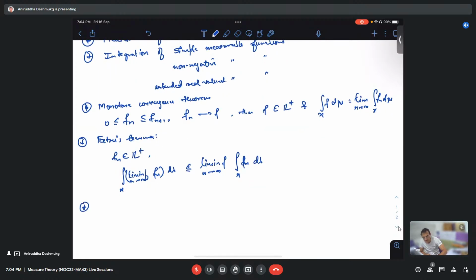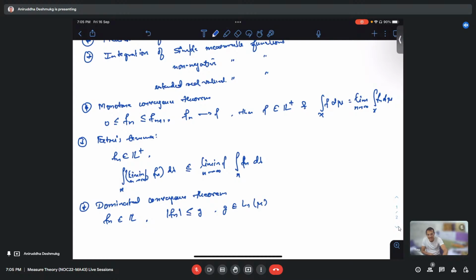And later on we saw the dominated convergence theorem. What it says is that suppose we have a sequence of measurable functions, and their absolute value is bounded by an L1 function g. So not only is g measurable, but its integral is finite.